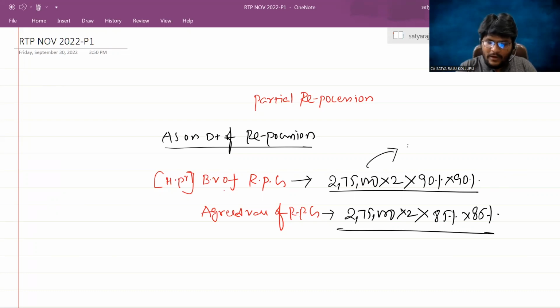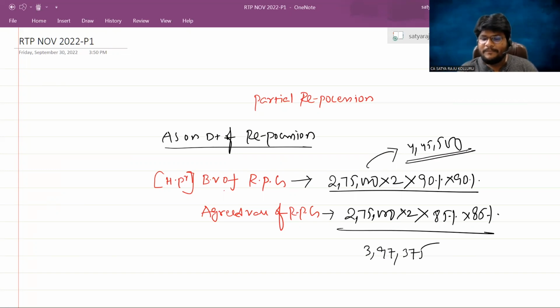Here it is 4,45,500 and 3,97,375. Now concentrate. What is this all about? From the hire purchaser's point of view, the worth of goods was 4,45,500.